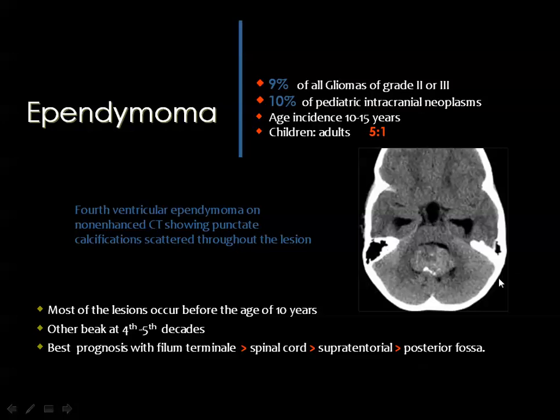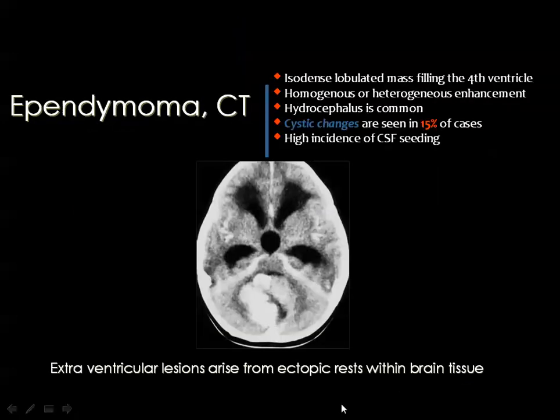The ependymoma occurs commonly inside the fourth ventricle, and it can also occur at other locations like the filum terminale, inside the spinal cord intramedullary, or in the supratentorial area. But the worse prognosis is for that occurring in the posterior fossa.